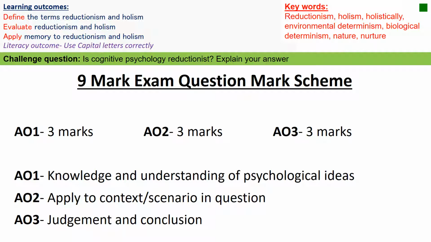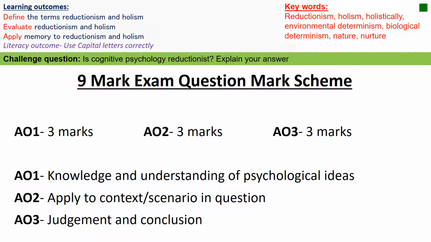So this is helpful to us because, why can reductionism and holism within psychology be helpful? But then we've also got to say this isn't helpful because, and we've got to be able to break it down. You know your basic structure in terms of a 9-marker in terms of what the exam wants from you. So you know that your AOs have got to be weaved. A really good structure and approach to this would be to make an AO1 statement. So reductionism is. This can be seen through Peterson and Peterson's study. Then make an AO2 comment.